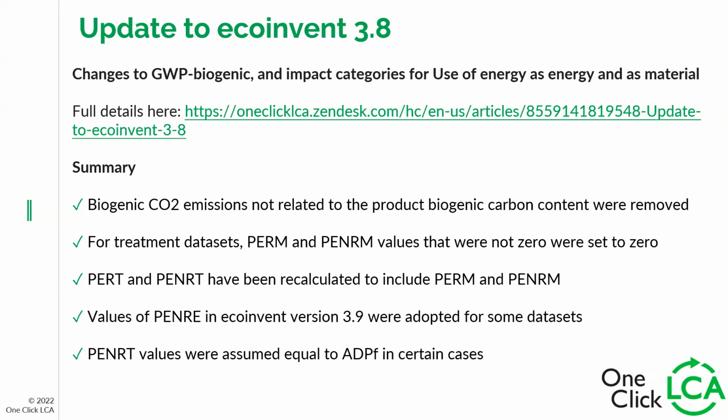For some data sets, the values of PENRE in Ecoinvent 3.9 were adopted, and you can read more about those in the details. And the PENRT values were assumed equal to abiotic depletion potential of fossil fuels in certain cases. So for some values where this made sense, it was updated.